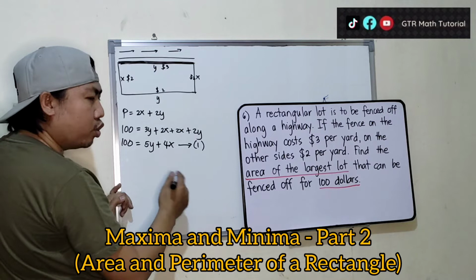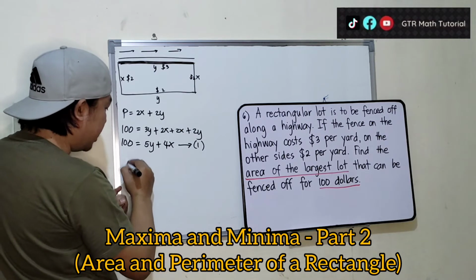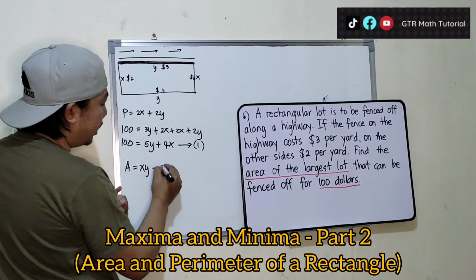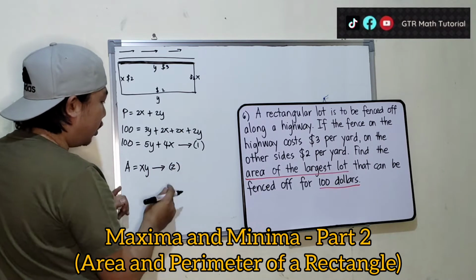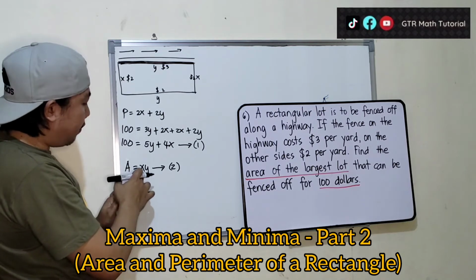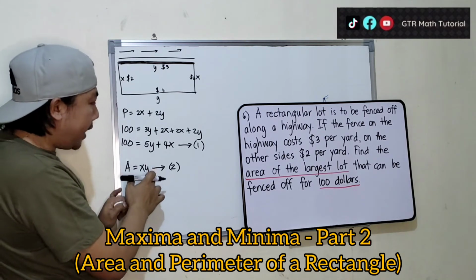For equation number 2, we want to maximize the area, where area equals xy. So ito yung equation number 2. Now we're going to express the area in terms of x only or y only.